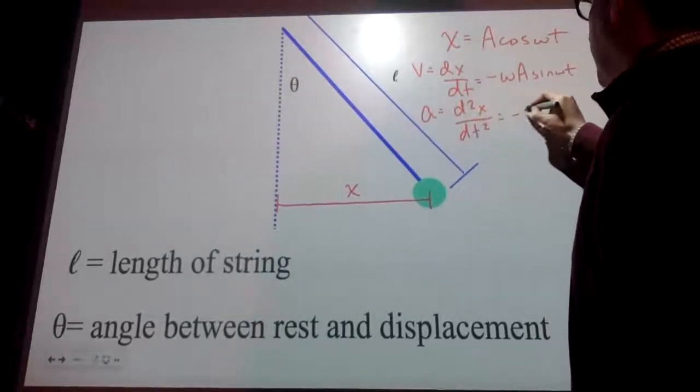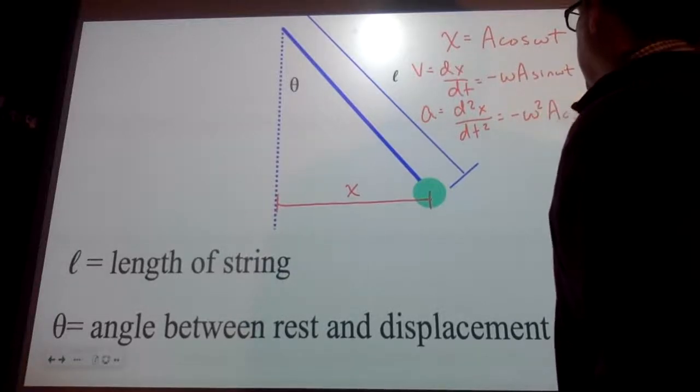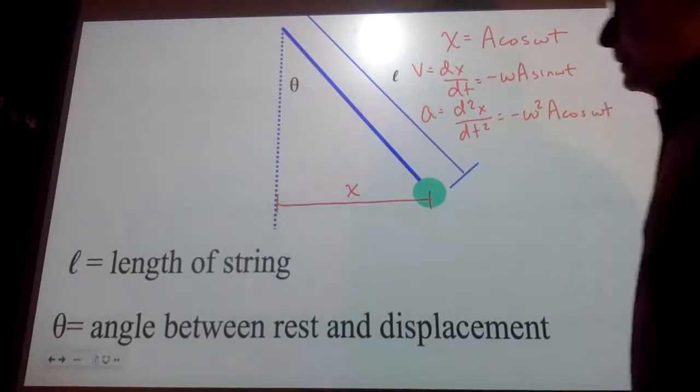And this is going to be minus omega squared A cosine omega t.